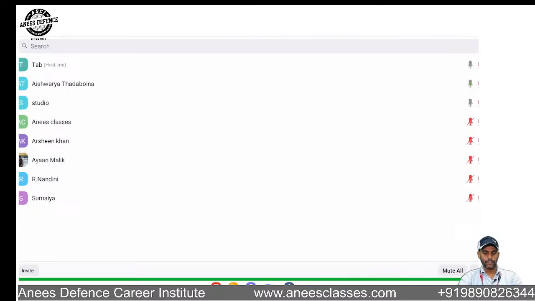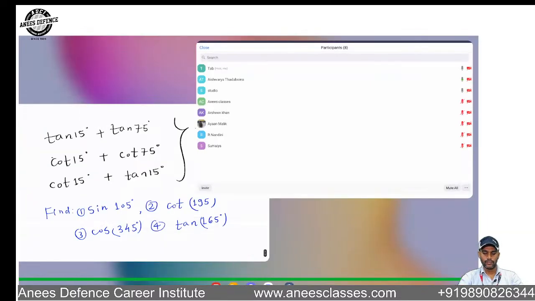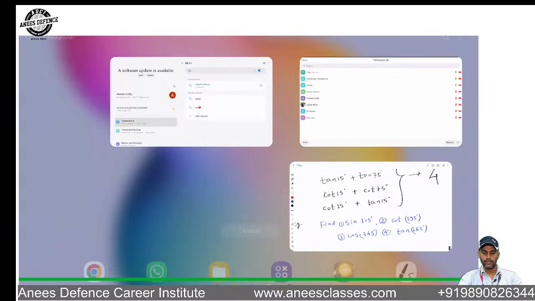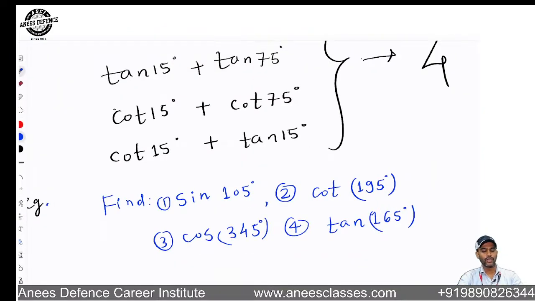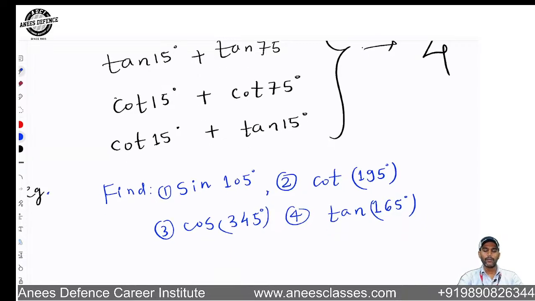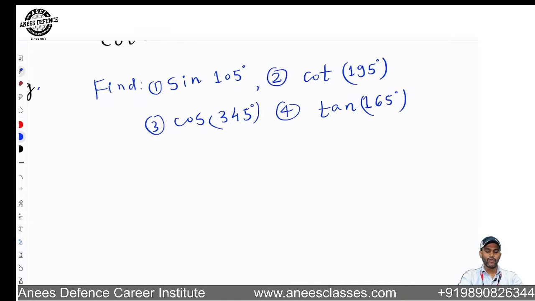So second one, minus 2 plus root 3. Minus 2 plus root 3. Okay. What about the others? Okay, see, let me solve these questions very easily and match your answers.